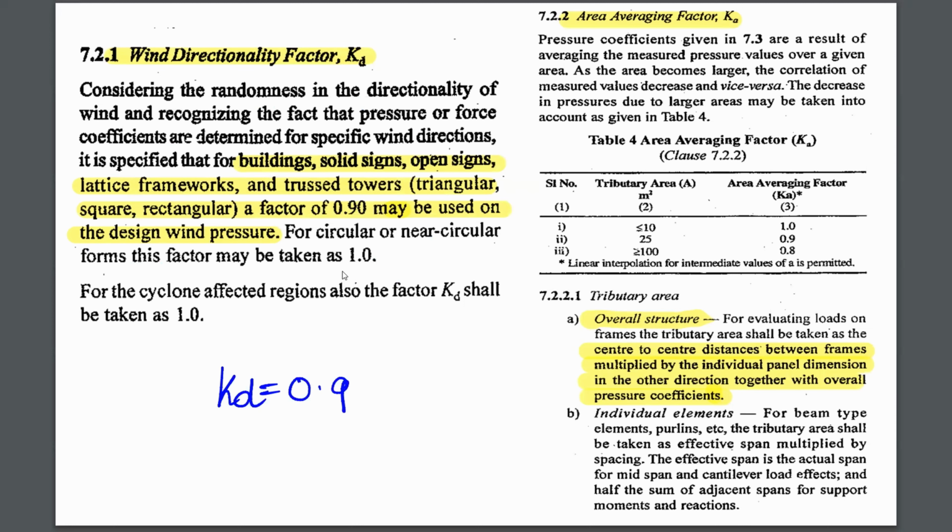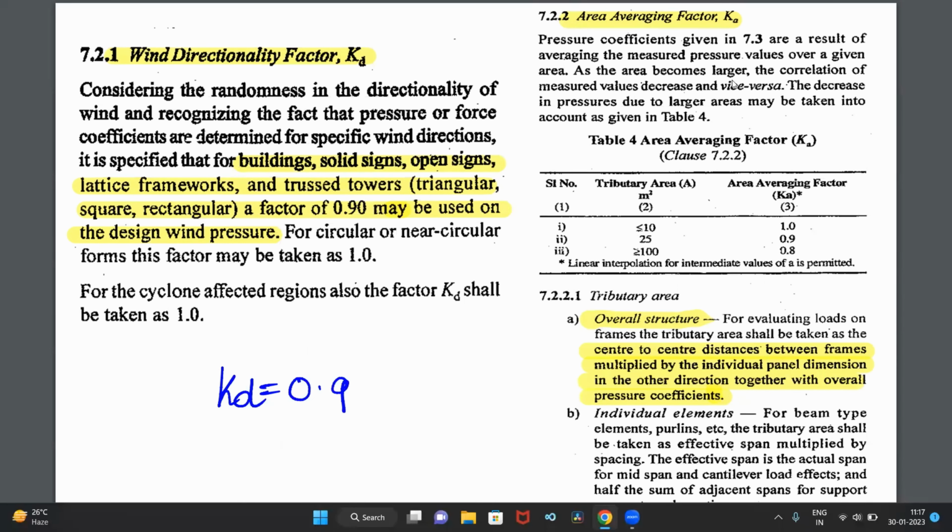So since our frame is triangular, so we will use KD as 0.9. So from this table we can get KD as 0.9. Further moving to area averaging factor, that is Ka. This is important. Okay, so what is area averaging factor?